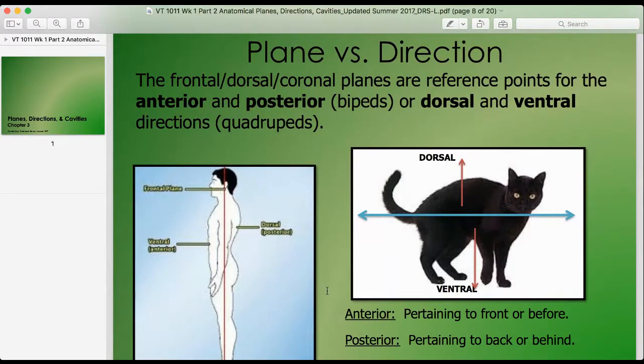So again, we have a human with the frontal plane to where the face is, ventral, or they call it even anterior, toward where the belly of our human is as they stand, and dorsal on the human is where the back and the rump is. And then when we look at our cat and we divide that plane, the dorsal is toward the back of the animal, and the ventral is the belly.